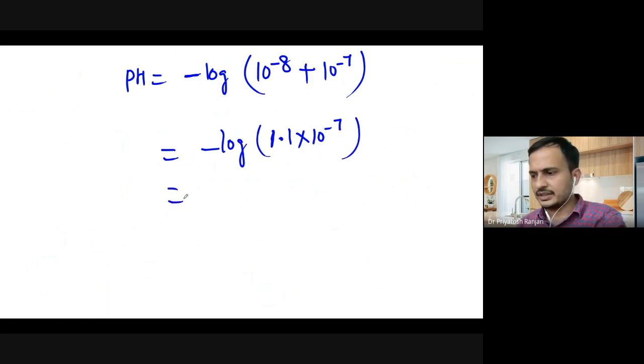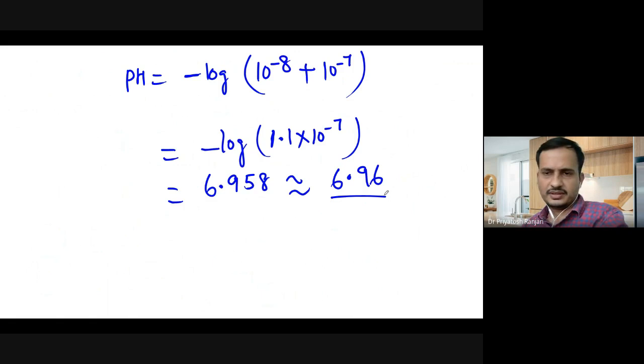And then you can try to calculate the log value of this number, which is 1.1 into 10 raised to the power minus 7, which is going to be 6.958. You can only consider the values up to 2 digits, so it's approximately 6.96.